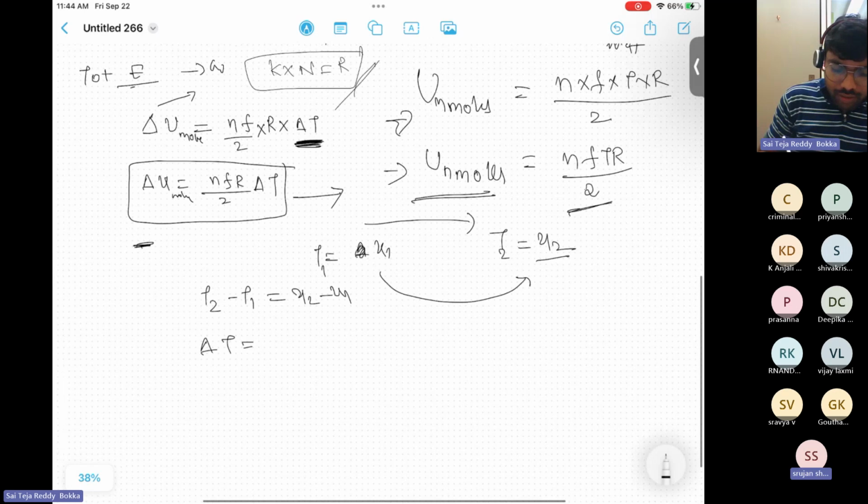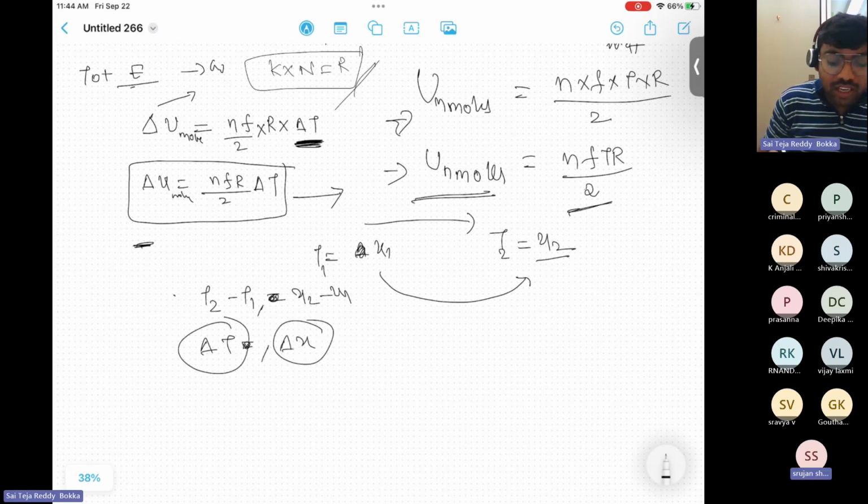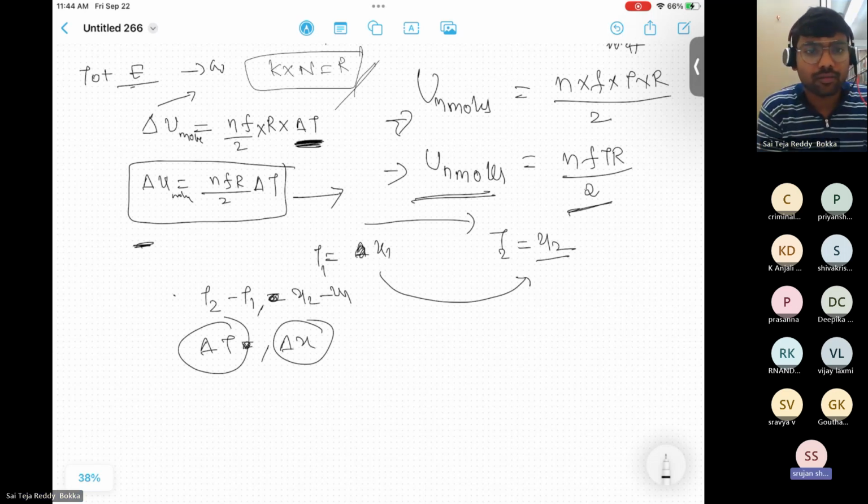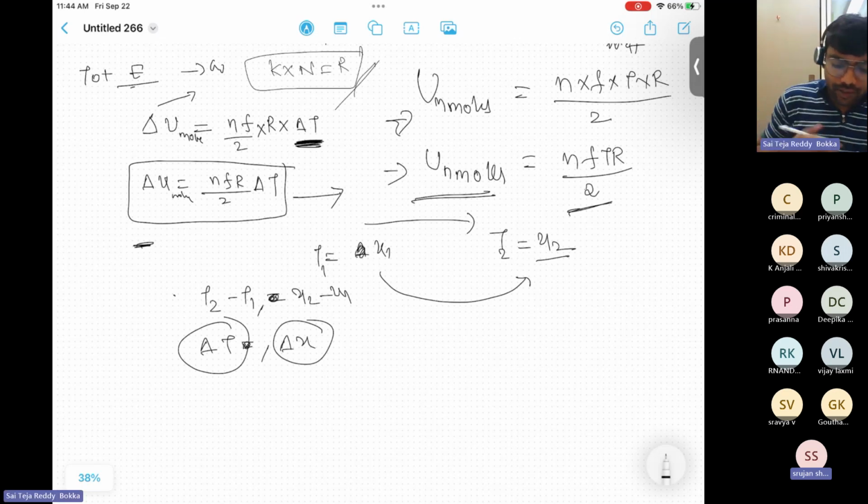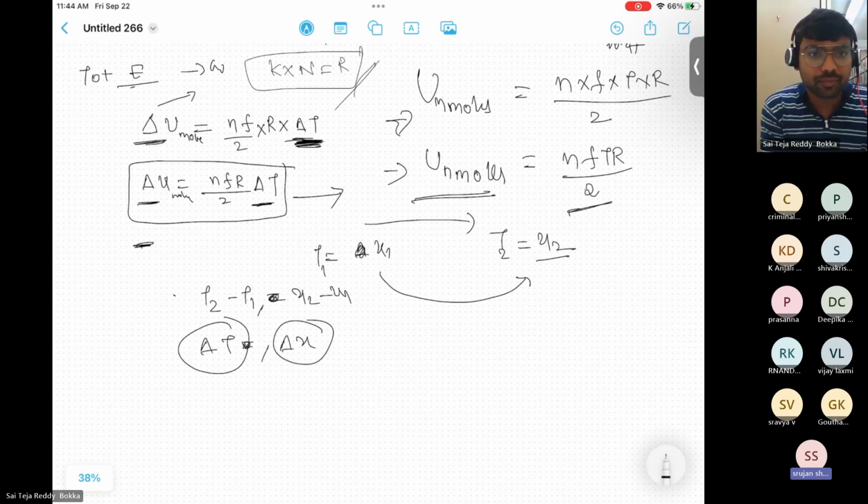It is given as delta T and delta U: change in their internal energy and change in their temperature. We'll give it as delta U and delta T, using the same thing here. As there is a change in their internal energy, there is a change in the temperature. Clear? Yes, sir.